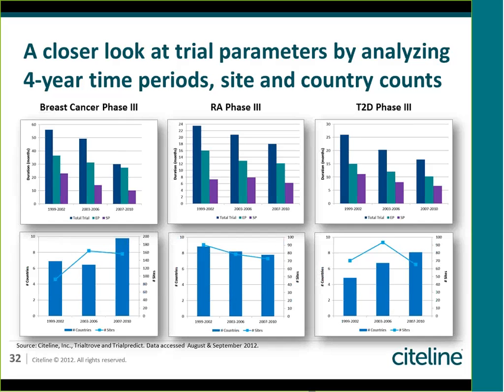Similar to what I showed for HCV, I also looked at the number of study sites and the geographic reach, or the number of countries that were involved in these trials. And again, there's a lot to take in here, but what really emerged as obvious was that there are different pictures or stories for the different diseases.